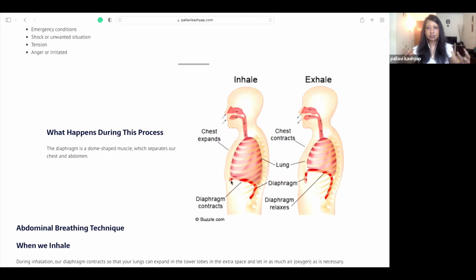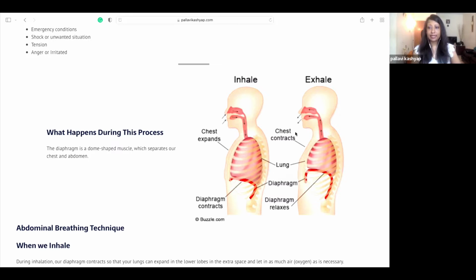When you're inhaling, you're taking in so much oxygen, and the expansion needs space, because everything is compact and put in place inside our body. So it pushes down the diaphragm, and the diaphragm is said to contract at this point.